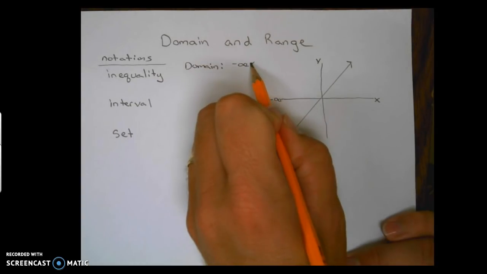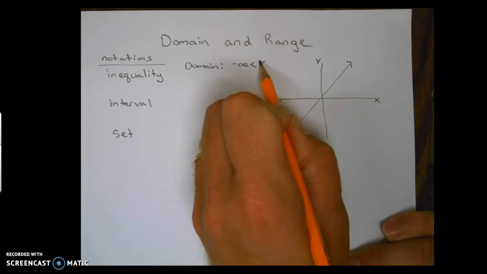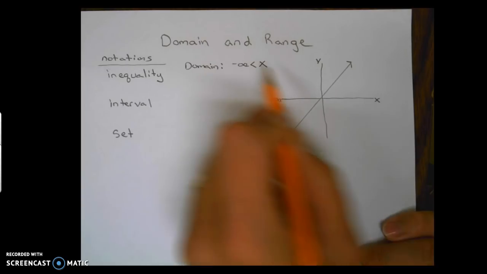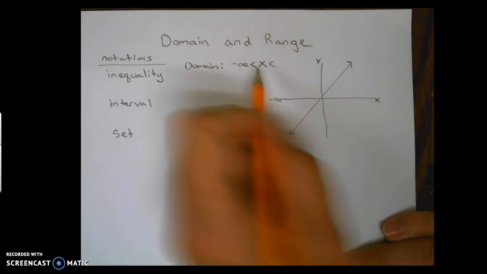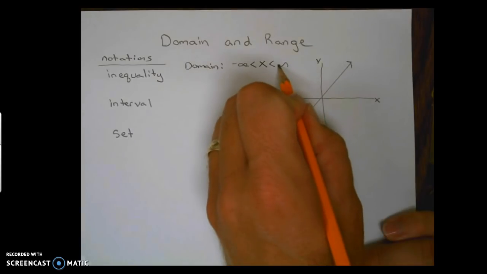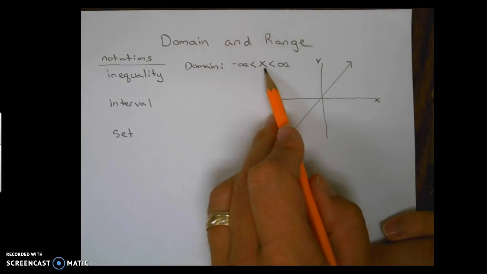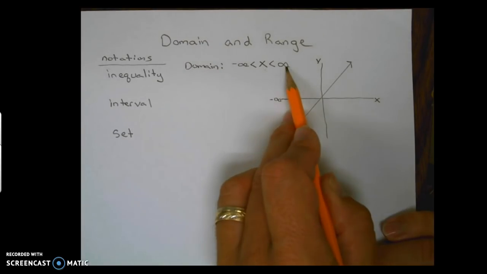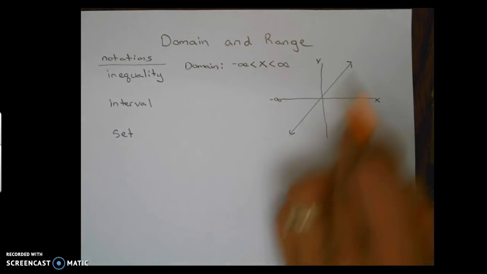And then we put in our inequality symbols. We're doing domain. Remember that domain represents x. And then it's going infinitely to the right. So the domain represents all values of x for this graph from negative infinity to positive infinity, left to right.